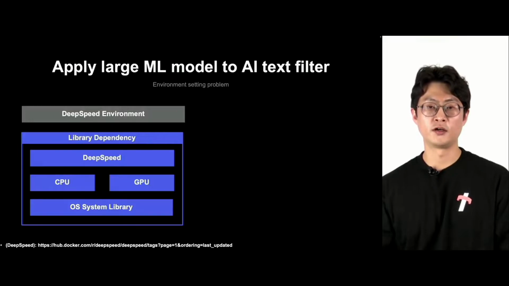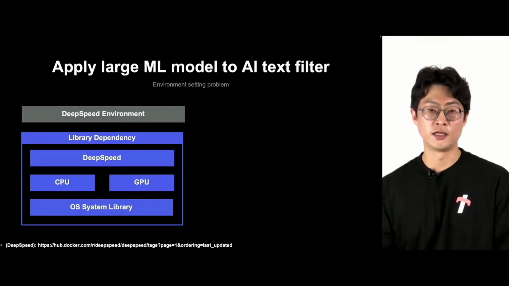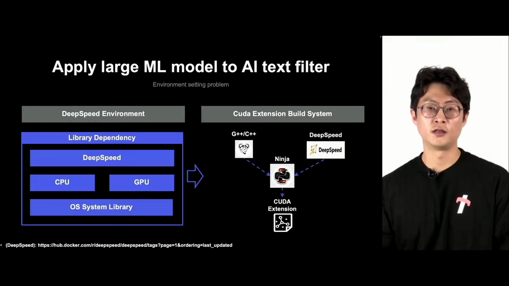So let me talk about how we have dealt with these issues. First of all, setting up the DeepSpeed framework in our environment was difficult because we had to deal with very complicated library dependencies. DeepSpeed makes use of both CPU and GPU, and that is why it is very closely related to system libraries. Also, DeepSpeed creates a CUDA extension file for GPU acceleration.